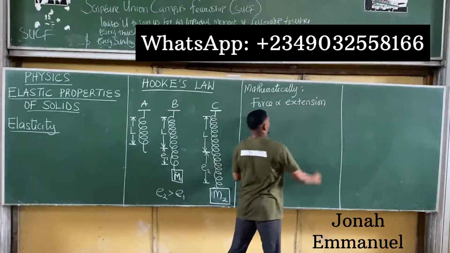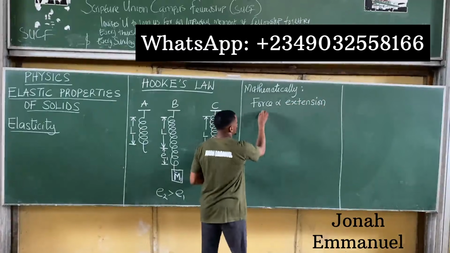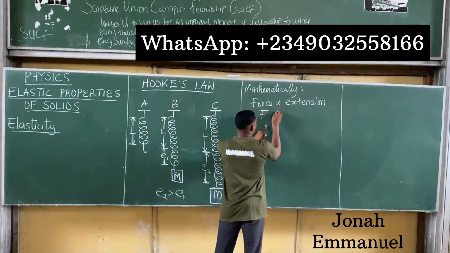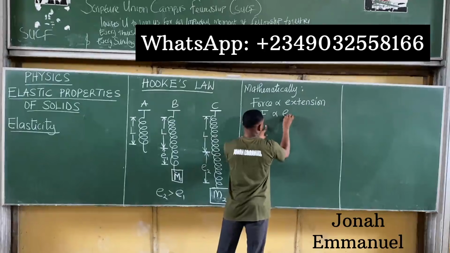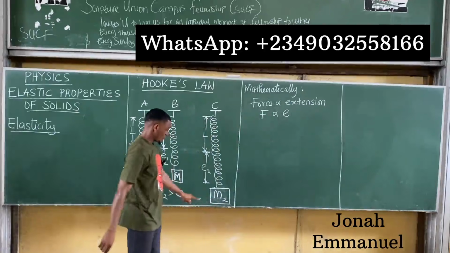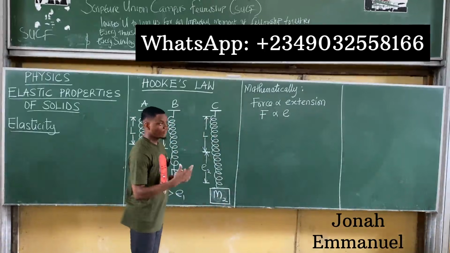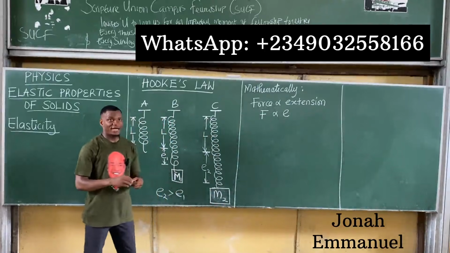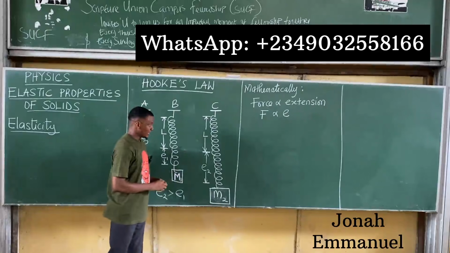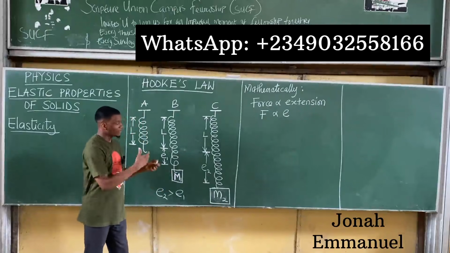Let me call force F, directly proportional to extension E. You can choose to use mass, M, or weight, W, or force, or load. They have different names, but you get the concept. The heavier it is, the more it sags.